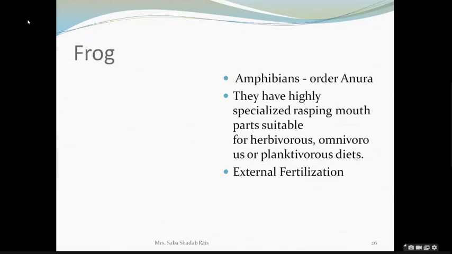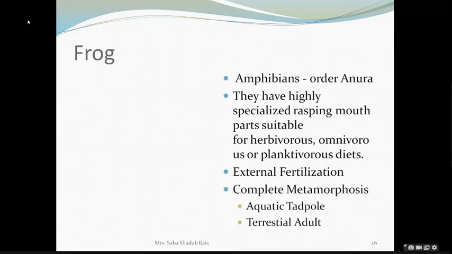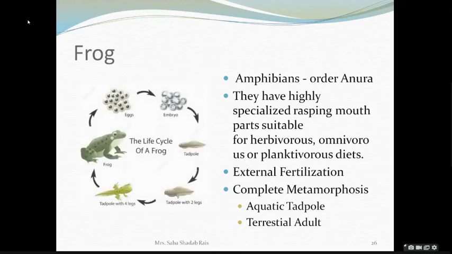I have added development for this purpose, because in their various life stages they have different types of habitats. That's why I have added this point. Then they show complete metamorphosis. Metamorphosis means the developmental changes in the life of an organism.